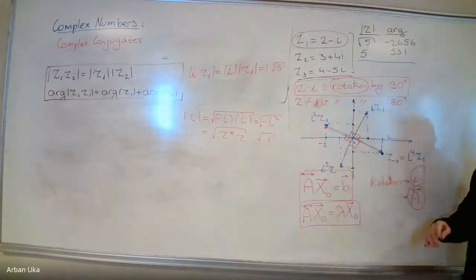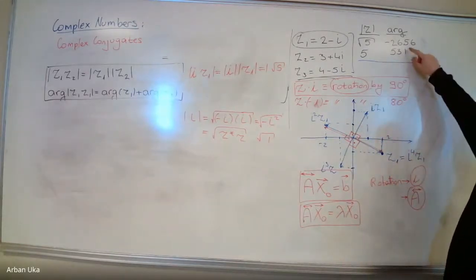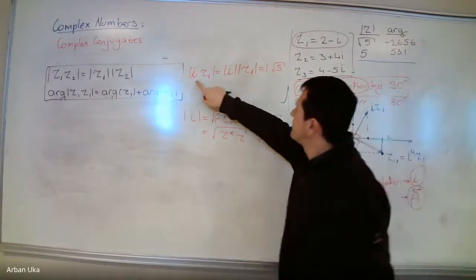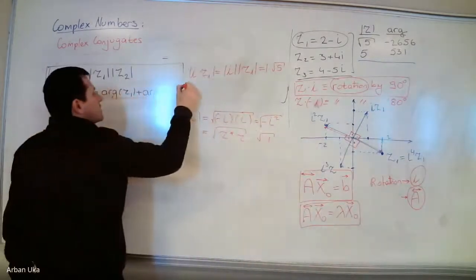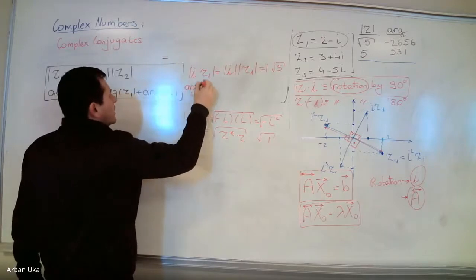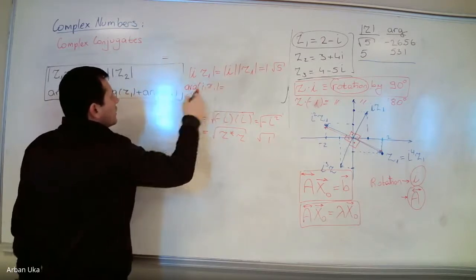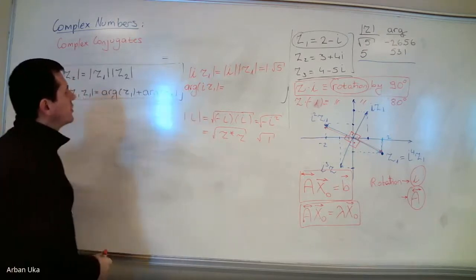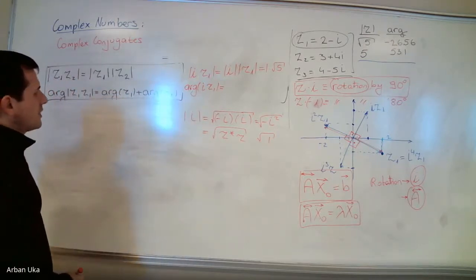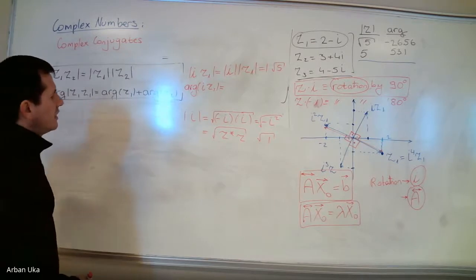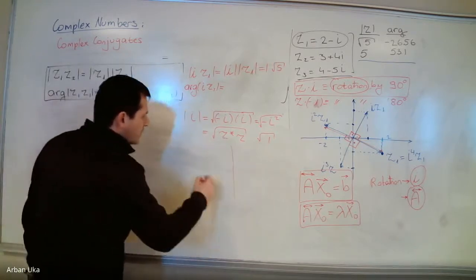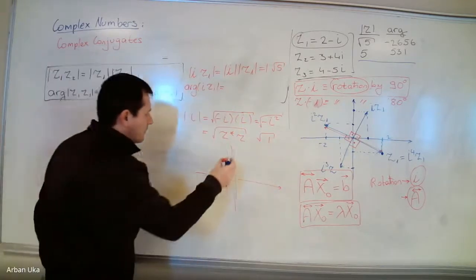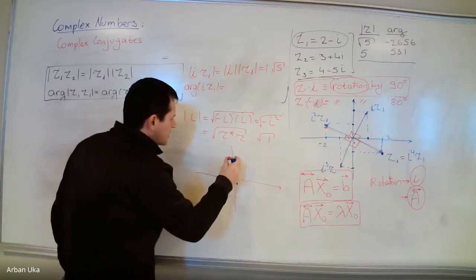So we are seeing a couple of examples where the angles were added together. Here, for example, let's do this one. What is the argument of iZ1? The argument of iZ1 is equal to the argument of i plus the argument of Z1. What is the argument of i? What is the angle in the complex plane if we are to show i? So this is i.